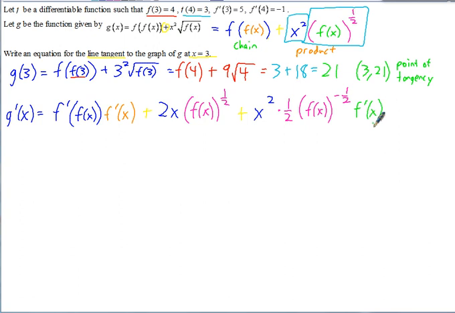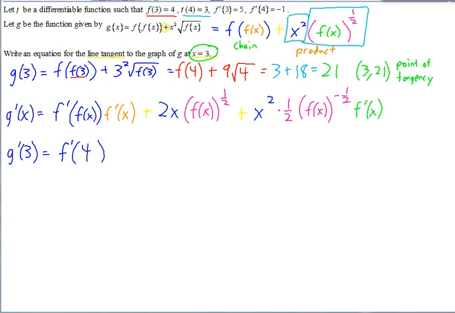Now there's really not that much to simplify, except over here a little bit. This gives you the slope at any x value, and we want it specifically at x equals 3. So to get the slope of our tangent line, you would just plug in 3. So g prime of 3 would be f prime of f of 3. Let's figure out what f of 3 is. They tell you at the top f of 3 is 4.